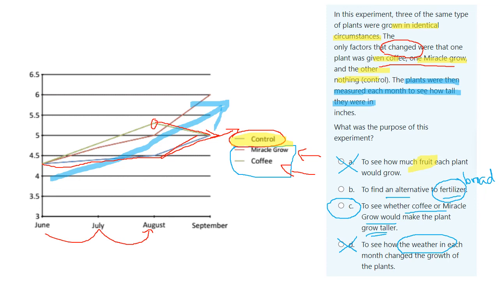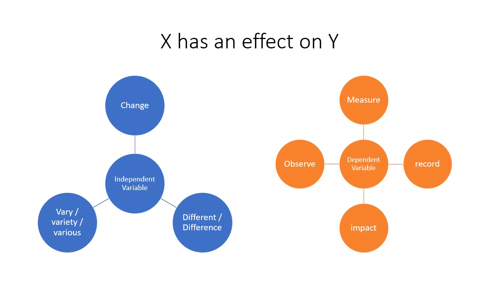When we're looking for a dependent variable, we should be looking for things that are measured. And we can see here the word measure. So this is going to be the dependent variable. Now I'm just going to pause going through these questions for a moment.